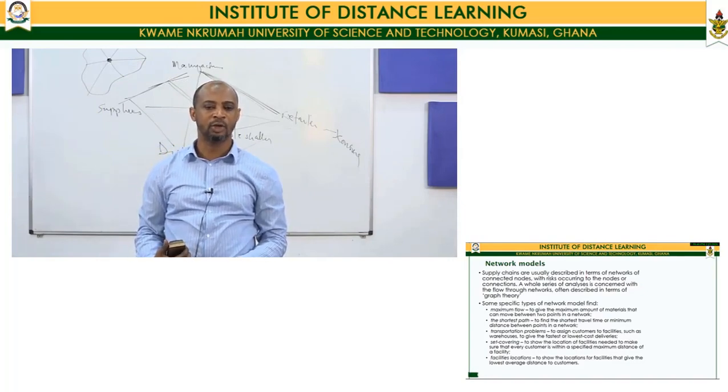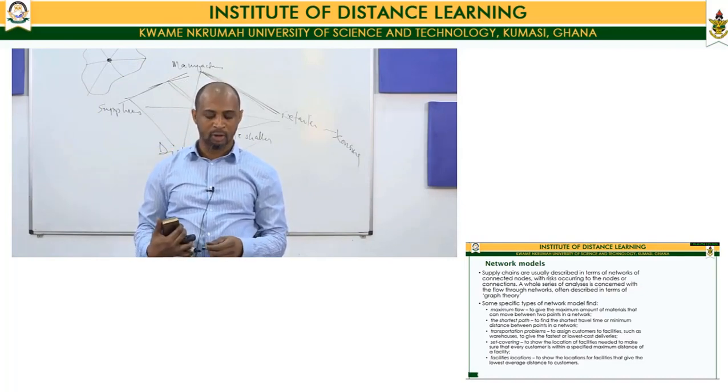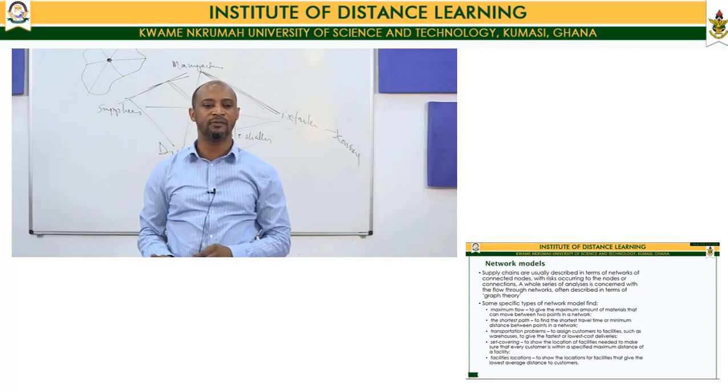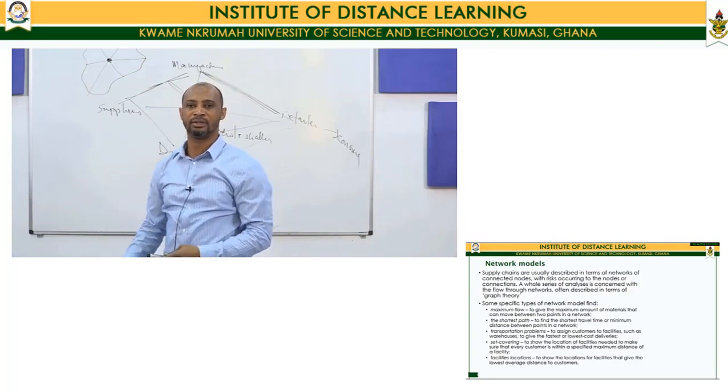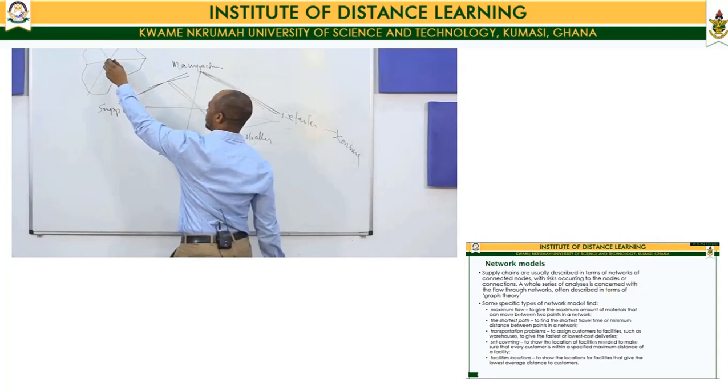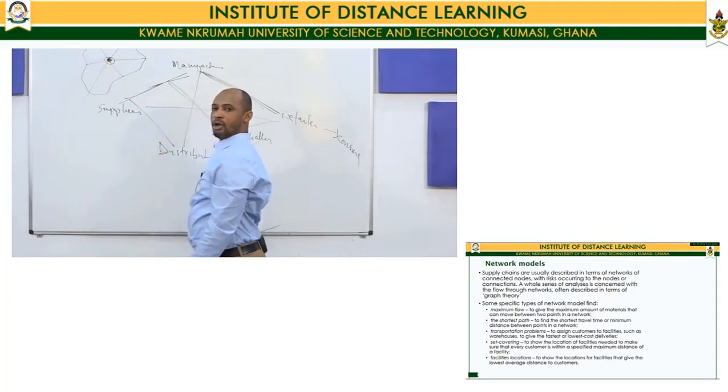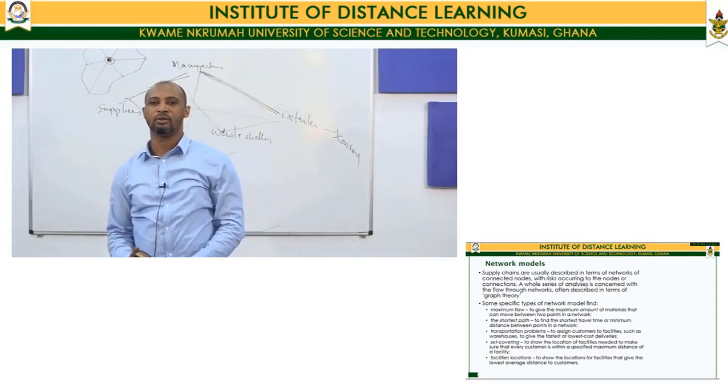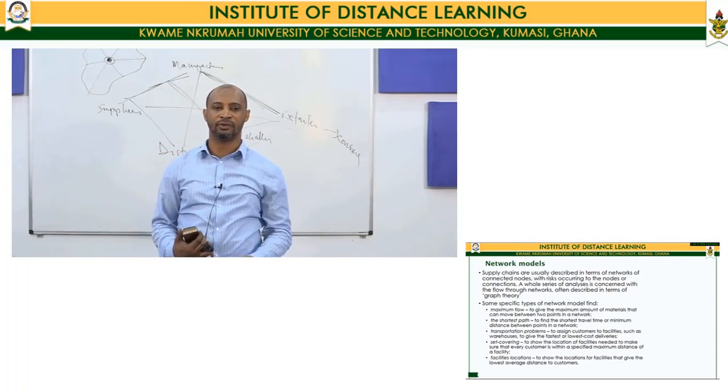Then we do facility location to show the location of the facility that gives the lowest average distance to almost everybody within a particular geographical coverage.